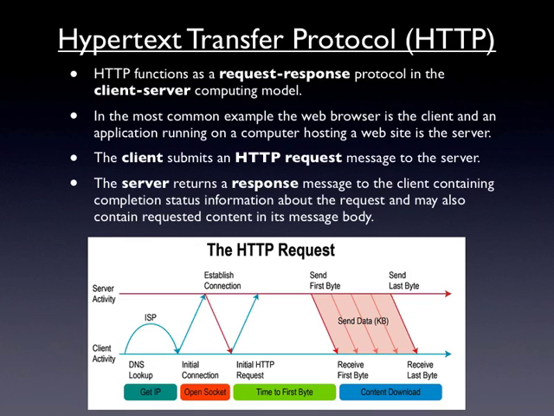And the way that works is that the client computer submits an HTTP request message. Okay, so there's a lot of information that actually goes across that you'll never actually see as part of the web page. But the client first submits an HTTP request message to the server, basically saying, hey, I need this resource, this bit of information. And then the server returns a response message to the client containing the completion status information about the request.